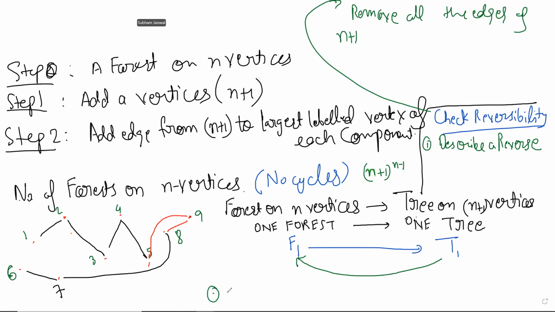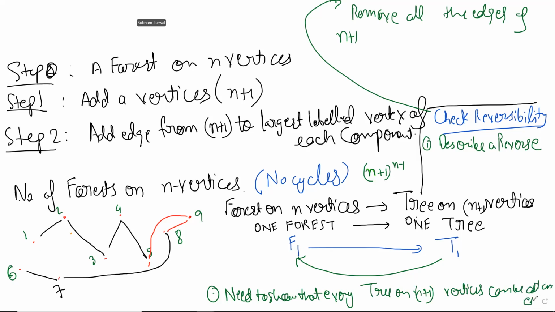We need to show that every tree on n plus 1 vertices can be attained. Oh, we have not shown this.